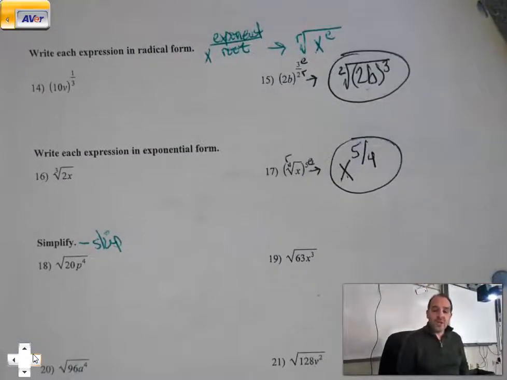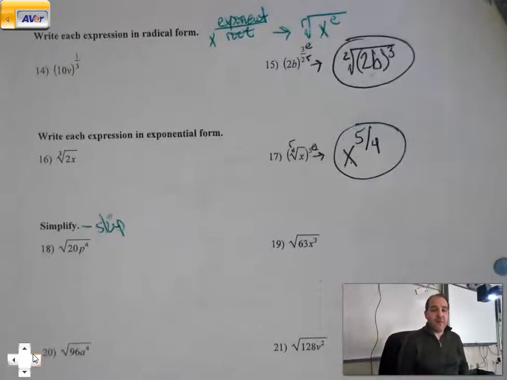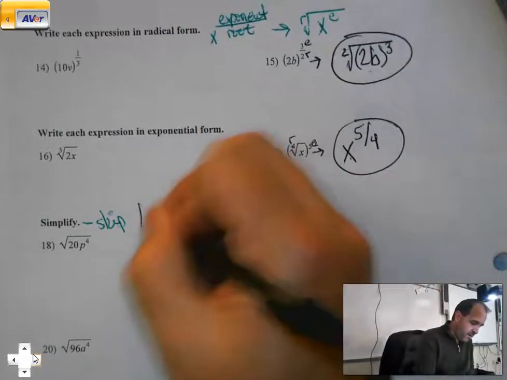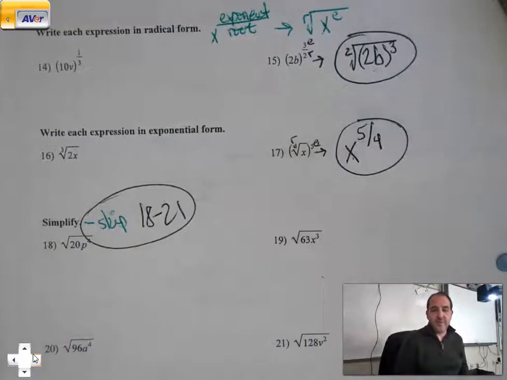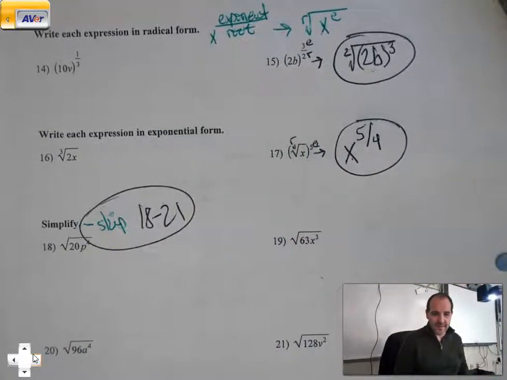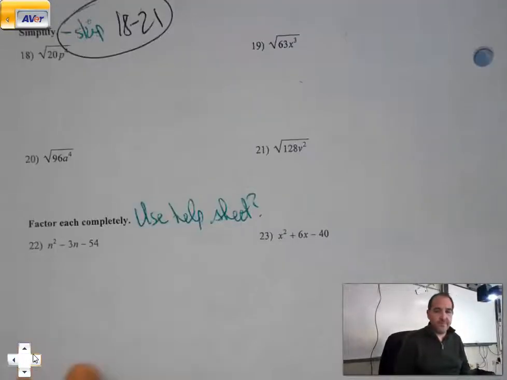We did make one change this year, okay? That one change was breaking down radicals in different ways. So we are skipping 18 to 21. You will not need to know that for the test because we didn't do a lesson on it specifically this way. That'll come later. We'll deal with that then.